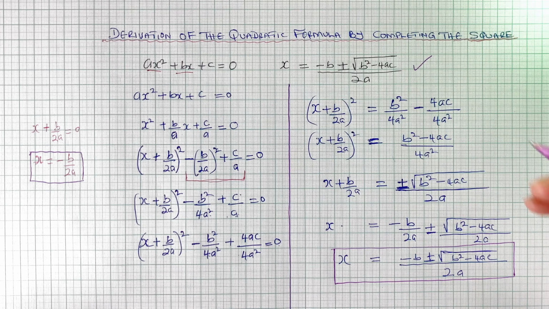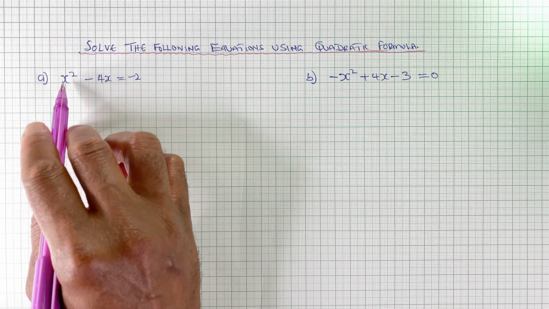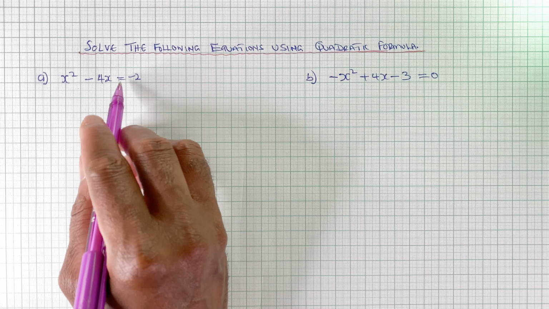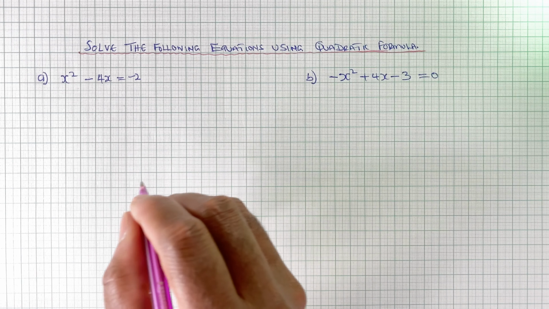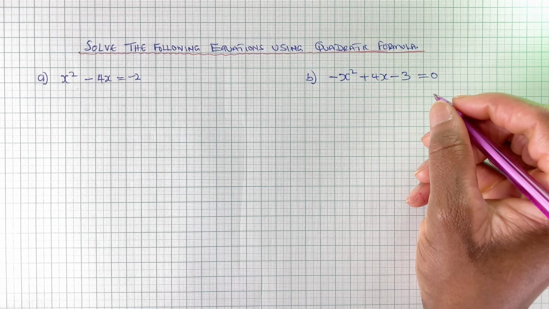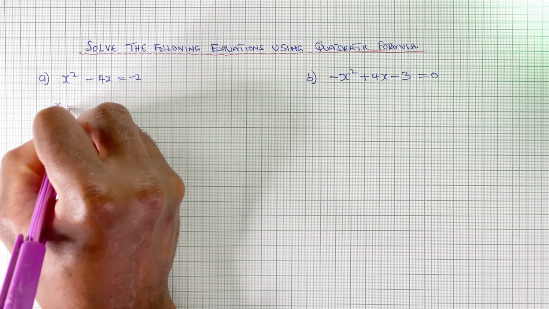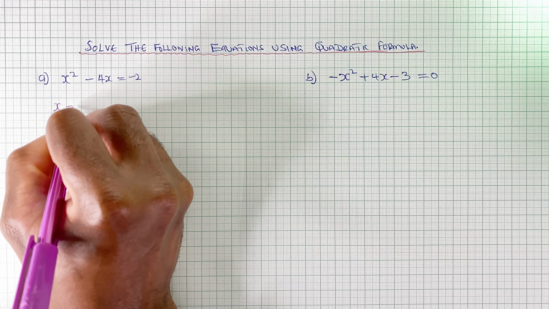Solve the following equations using the quadratic formula. A, x squared minus 4x equals minus 2. So we know what the quadratic formula is. The quadratic formula is x equals minus b plus or minus square root b squared minus 4ac over 2a.